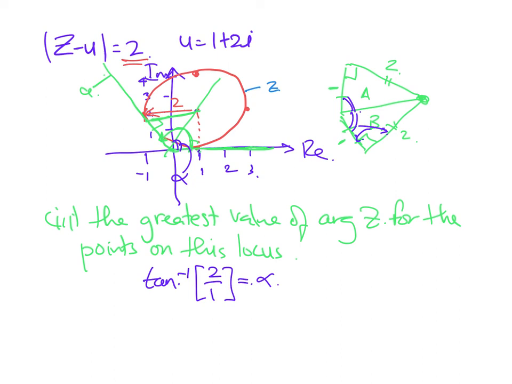You get arctangent of 2 over 1, so alpha is 1.07149, and multiplying by 2 gives 2.14298.